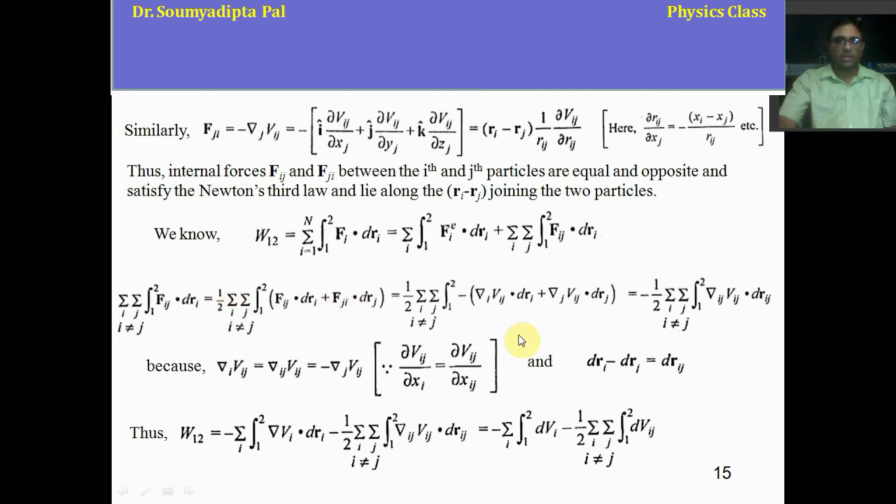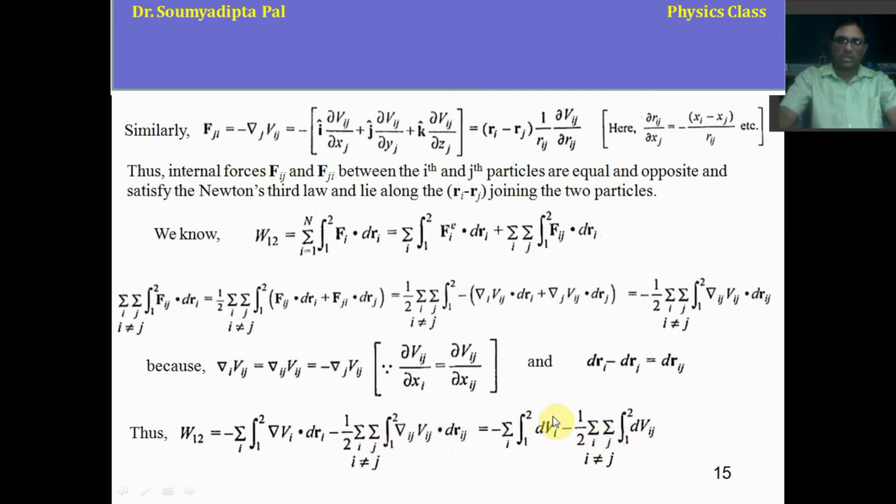That's why there is a half. Now using this fact, we can write like this. This is a very straightforward calculation. Now del i Vij is basically minus del j Vij, which we have already seen from here, and dri minus drj is basically drij. If we use that, then we will get this one.